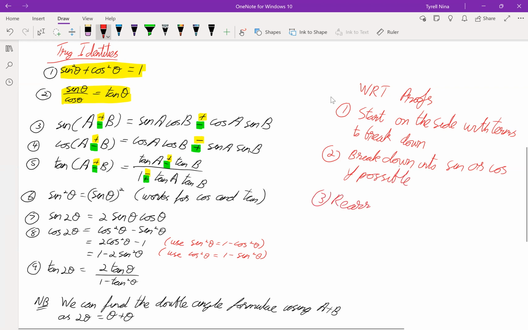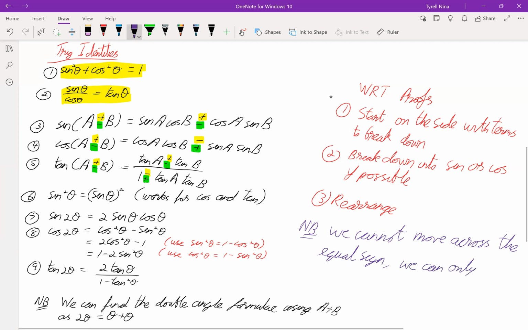Now I want you all to note something here: we cannot move across the equal sign. We can only use one side or the other.